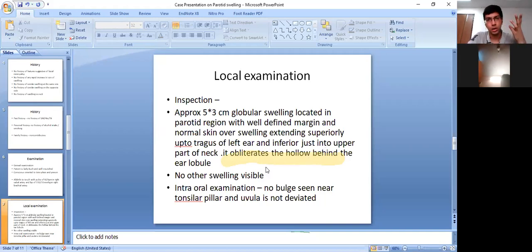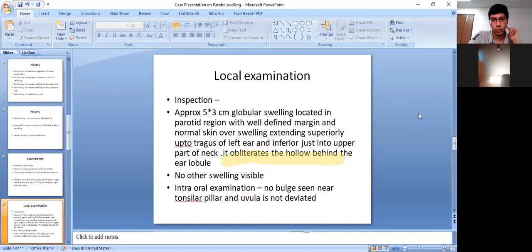The second or third most common swelling there is a lipoma or a sebaceous cyst developing on the skin. But these are rarer, and you can easily differentiate them on the basis of lipoma and sebaceous cyst features. I'm not going into those things. The important thing is lymph nodes. Again repeating, a lymph node is present more superficially than the parotid gland and is small in size, so when it enlarges, it does not obliterate the hollow of the ear lobule.